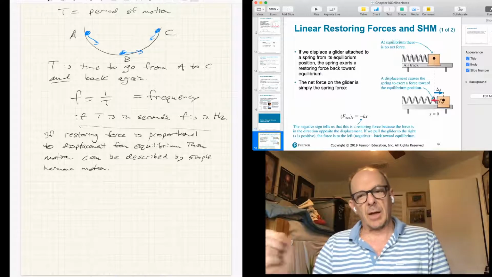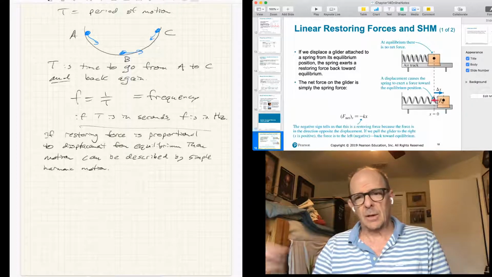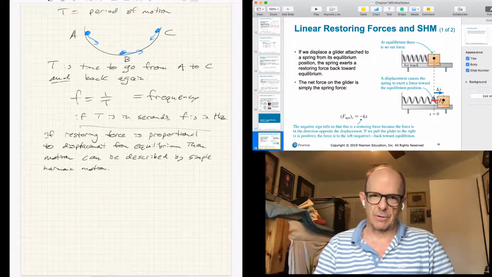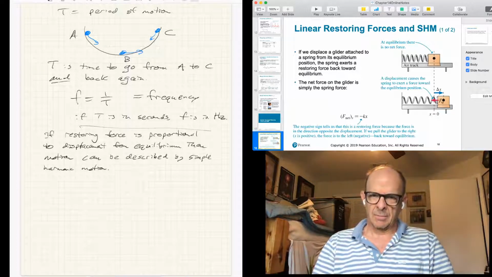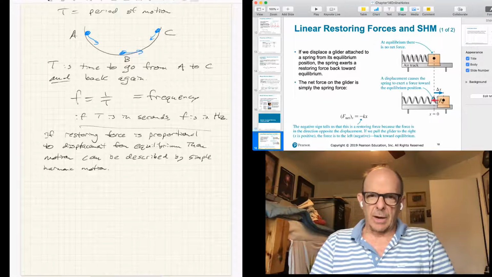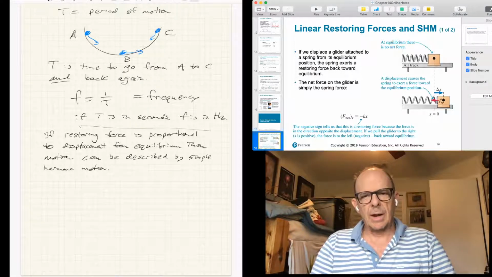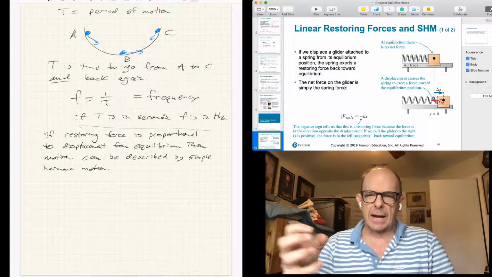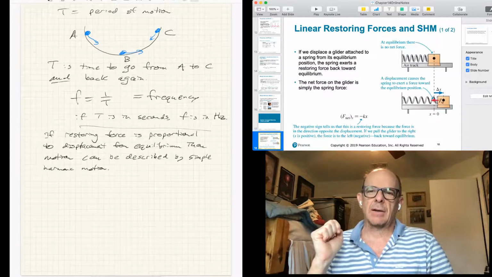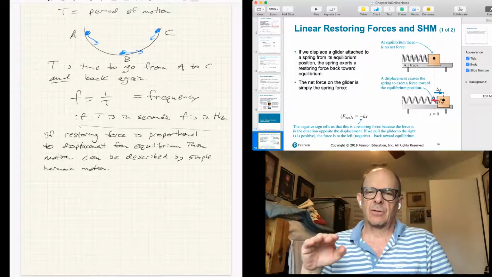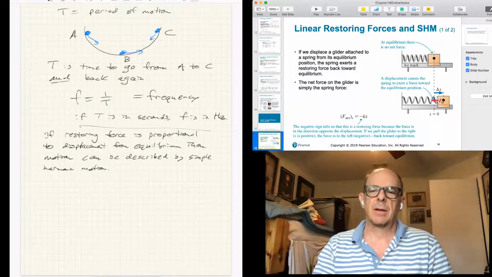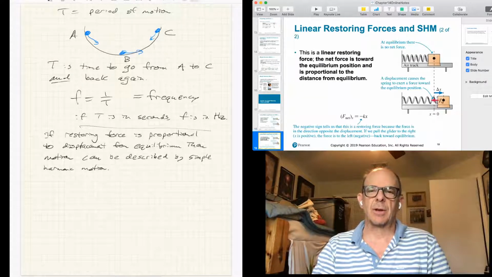If it's displaced from that equilibrium position, it will oscillate around it, and that oscillation will be described by the equations of simple harmonic motion, which can be explained by sine waves and cosine waves, if the force that's trying to pull the thing back towards that equilibrium position is just linearly proportional to how far away it is from that equilibrium position in the first place.